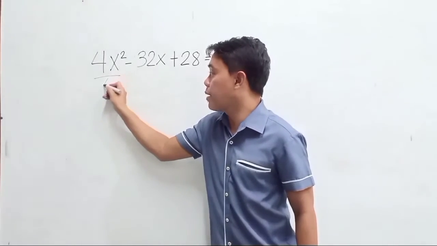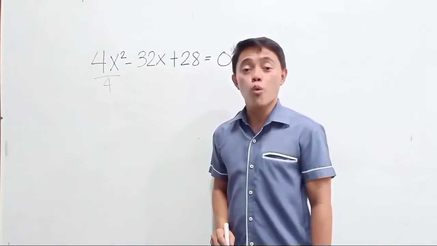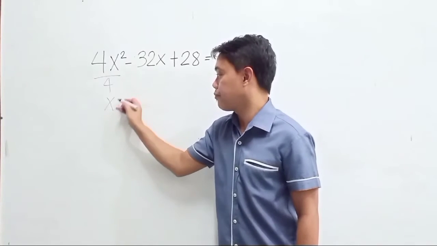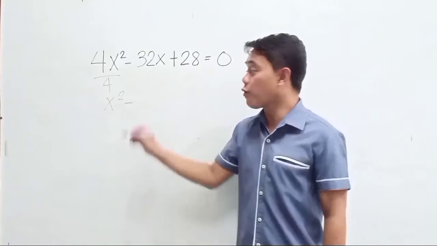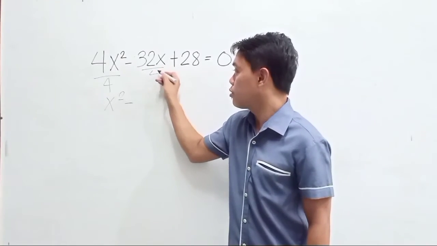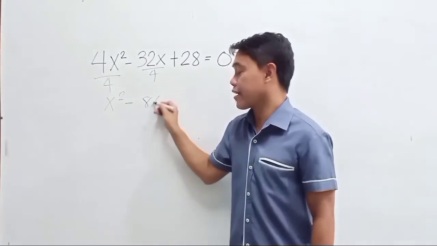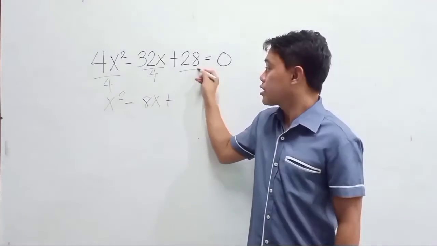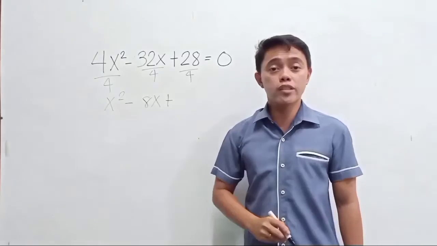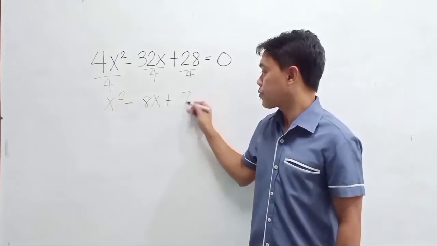4 divided by 4 is equal to 1x squared, minus 32 divided by 4 is equal to 8x, plus 28 divided by 4 is equal to 7.